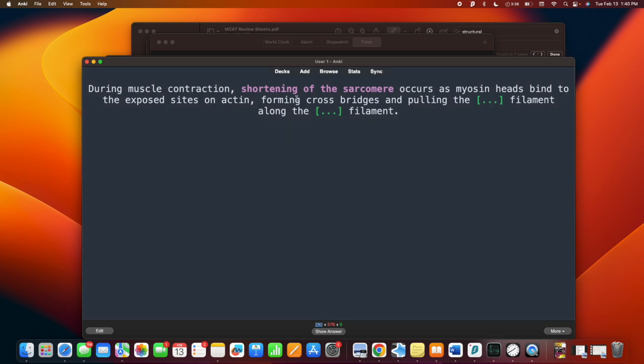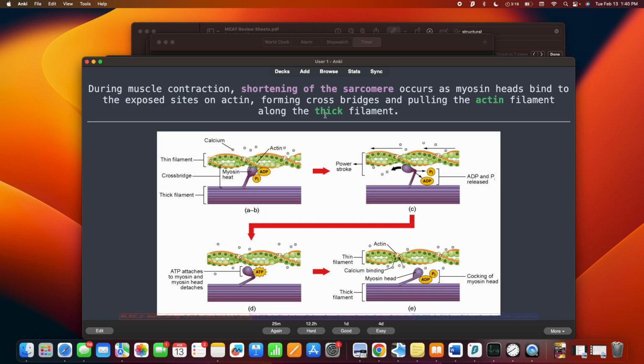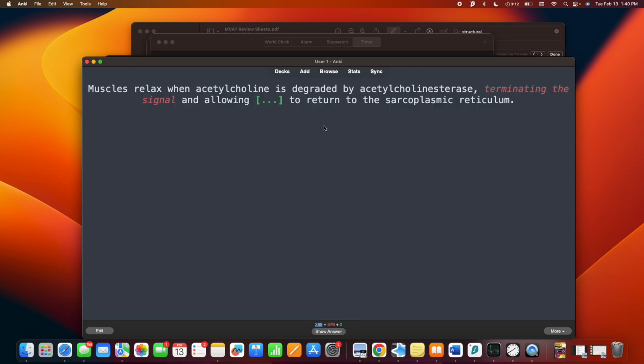During muscle contraction, shortening of the sarcomere occurs as myosin heads bind to the exposed sites on actin, forming cross bridges and pulling the actin filament along the myosin filament, across the thick filament.